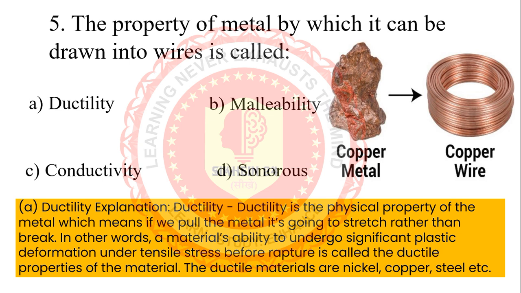In other words, a material's ability to undergo significant plastic deformation under tensile stress before rupture is called the ductile property of the material. Ductile materials are nickel, copper, steel, etc.